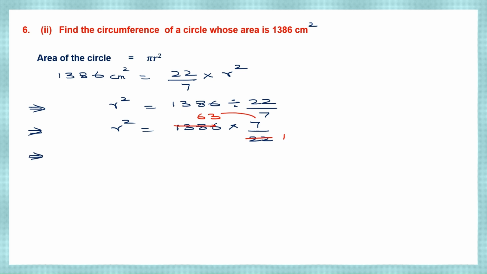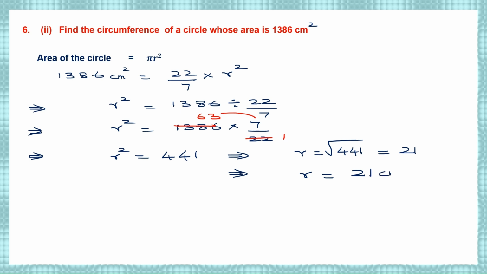So r square is equal to 63 into 7, which is 441. So if r square is 441, what will the value of r be? r is equal to the square root of 441. And what is the square root of 441? 21. That means 21 into 21 is 441. So we have found the radius. The radius is 21 centimeters.